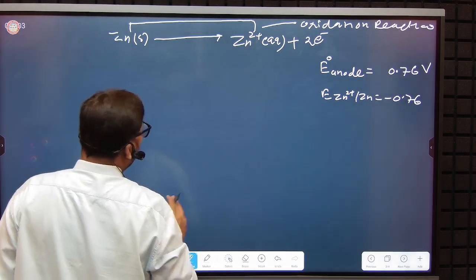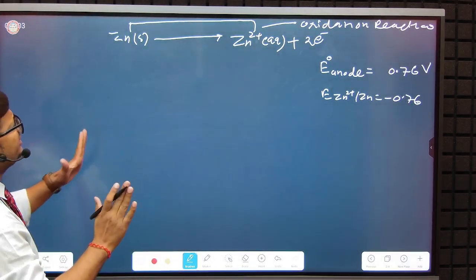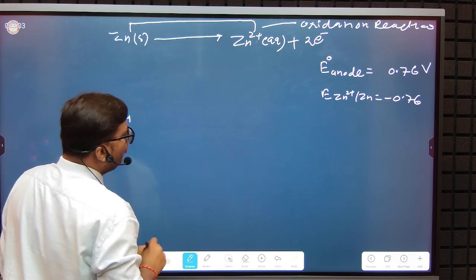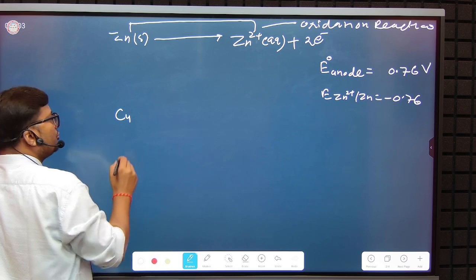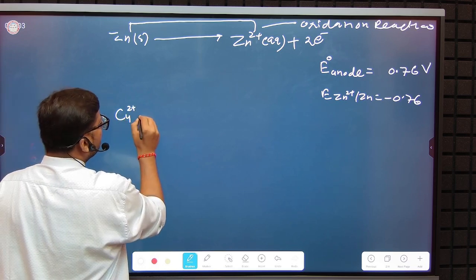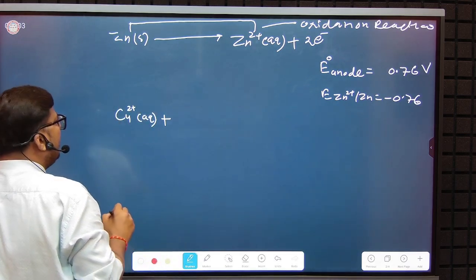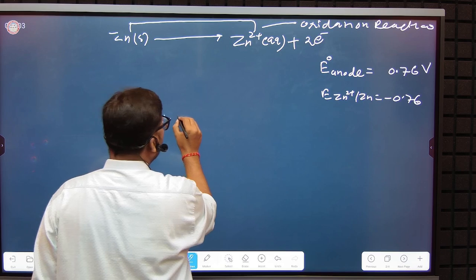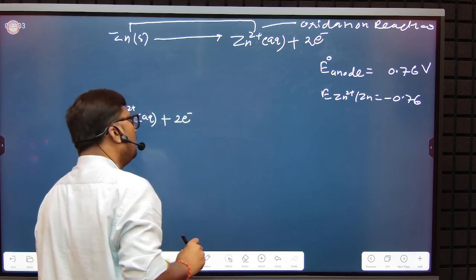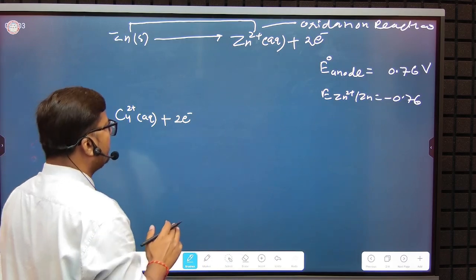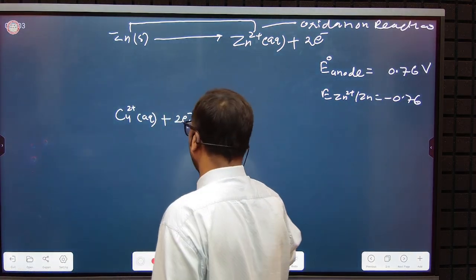And the other half cell reaction is copper 2+ from the copper sulfate solution, which will receive 2 electrons, which come from the external circuit from anode to cathode.